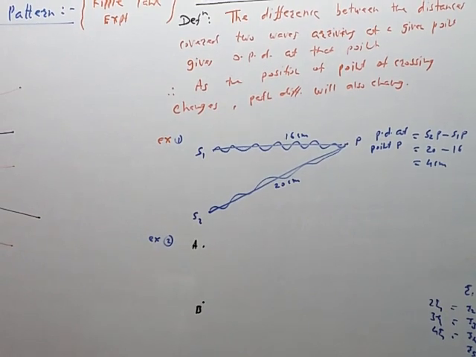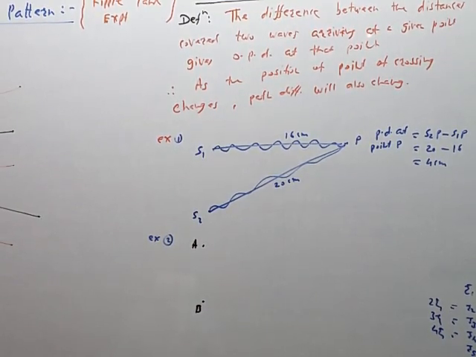So now we know the meaning of path difference. It is the difference between the distances covered by the two waves arriving at a given point, which gives the optical path difference at that point. The path difference depends upon the position of the point of crossing.